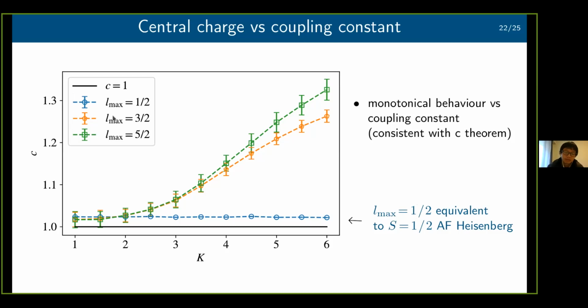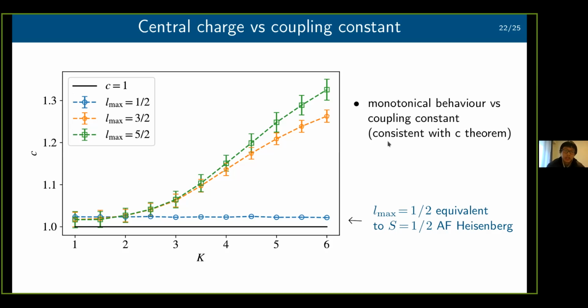But for the more effective truncations, we can see a monotonic change of this central charge with respect to the coupling constant, which is consistent with the C theorem, because the C theorem states that the central charge should decrease monotonically with respect to the renormalization group flow, and our result is consistent with it.